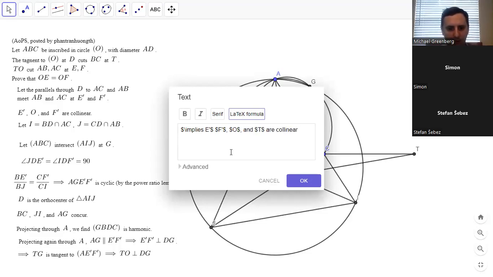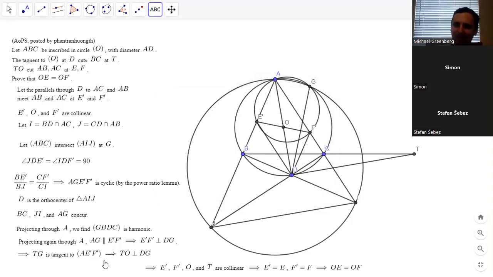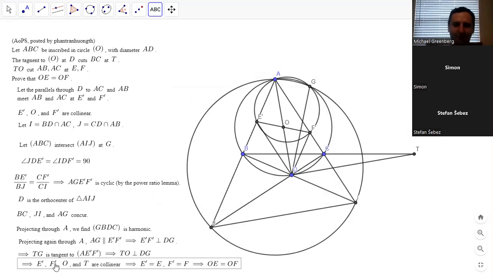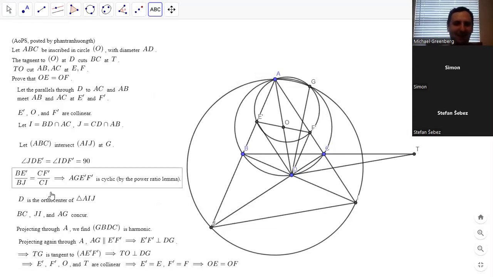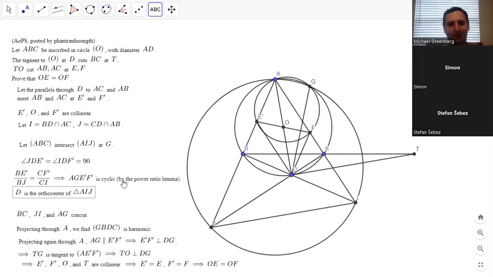And that means that E prime equals E, F prime equals F, and that implies OE equals OF. So wow, this is a long one. There had to be a faster one, but I kind of like this solution because it shows how, when you have a lot of powerful techniques, you can just eventually crush the problem. So we use the power ratio lemma.